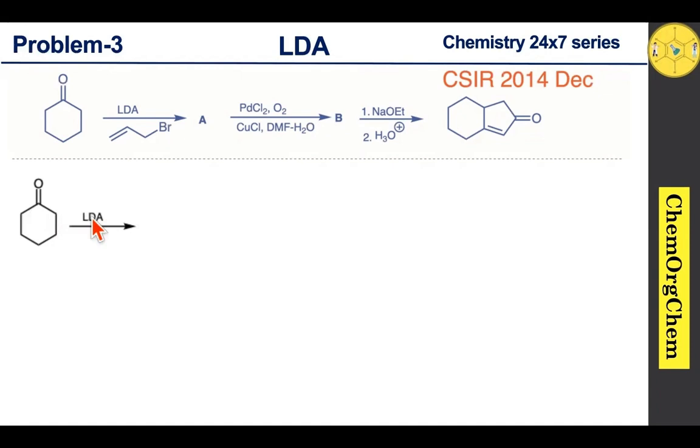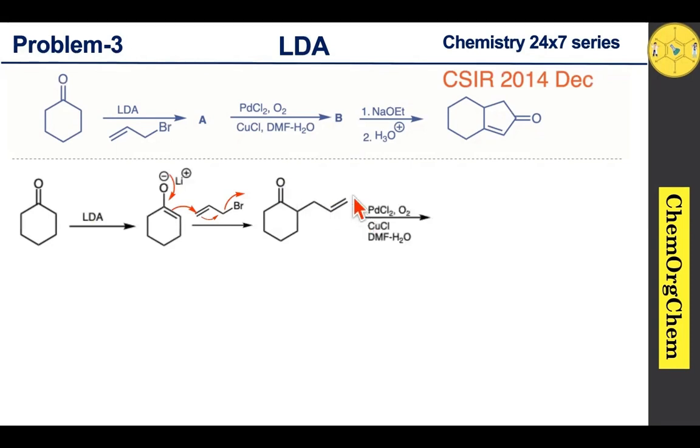Therefore our LDA will take the proton from any one of the sides, which leads to the corresponding enolate ion. This enolate ion quickly reacts with allyl bromide by SN2 prime mechanism to yield this corresponding allylated ketone as a product.